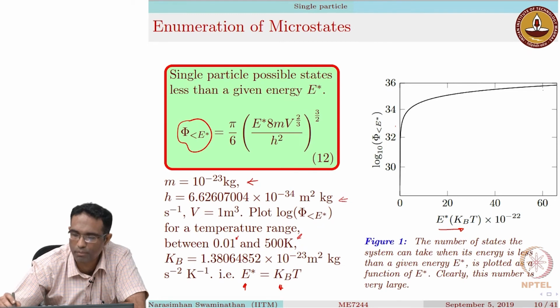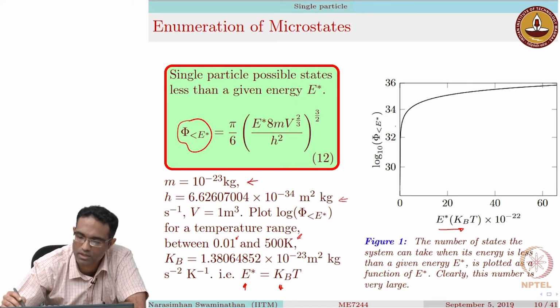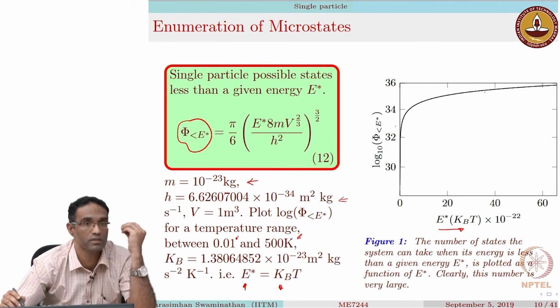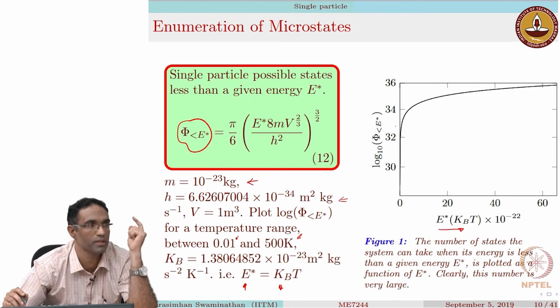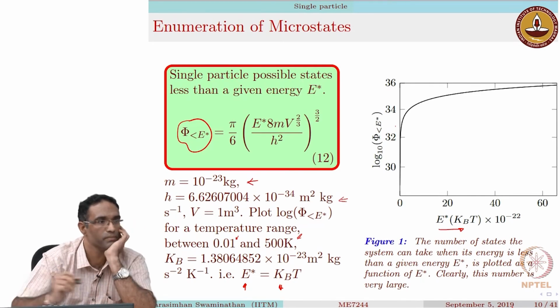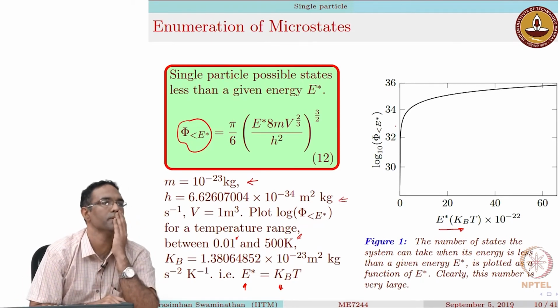You see the total number of points that you are having here. So very quickly the total number of points increases and reaches something close to 10 to the power 34, and we are still looking at only one particle inside the box. Now, is this a large number of states?